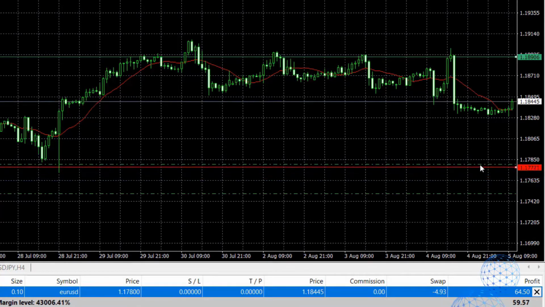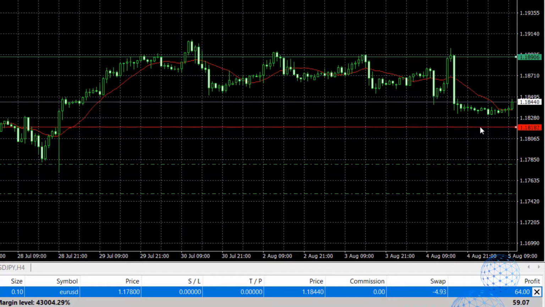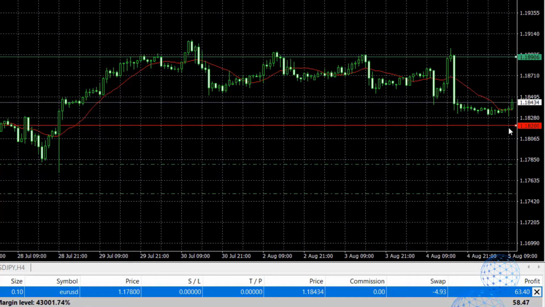Now, if I want to have a stop loss at 118.20, for example, the trade will still close, but I will close on a profit because my entry price is 117.80. So I will have a profit of $40 if the price drops down to this level and the trade is closed automatically.